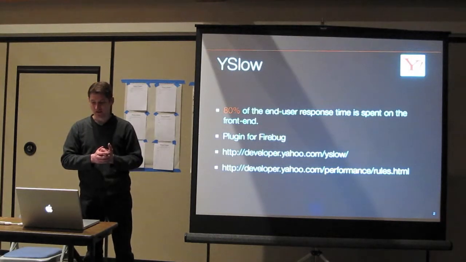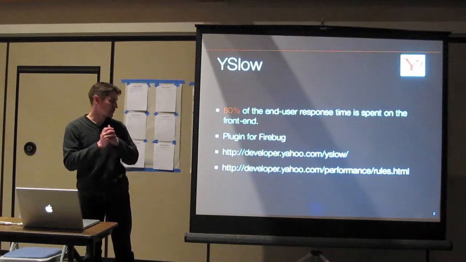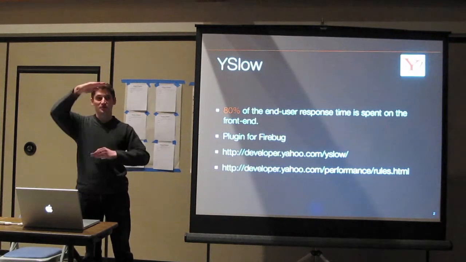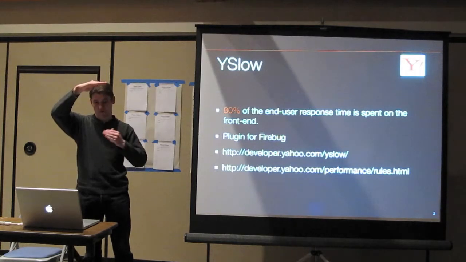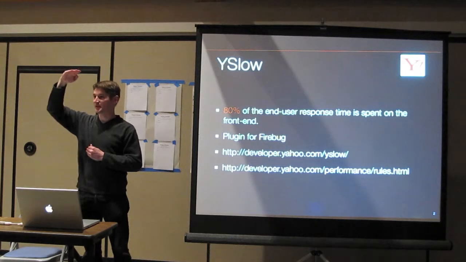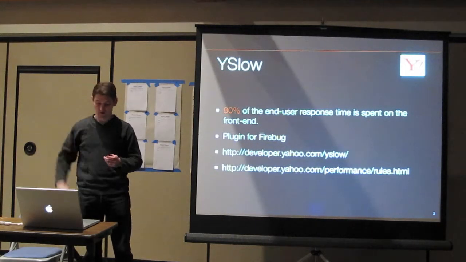It basically runs as a plugin in Firebug in Firefox. That's the URL where you can get it, and it will basically analyze your website and give you a number, and it tells you literally for each category what's wrong with your site.